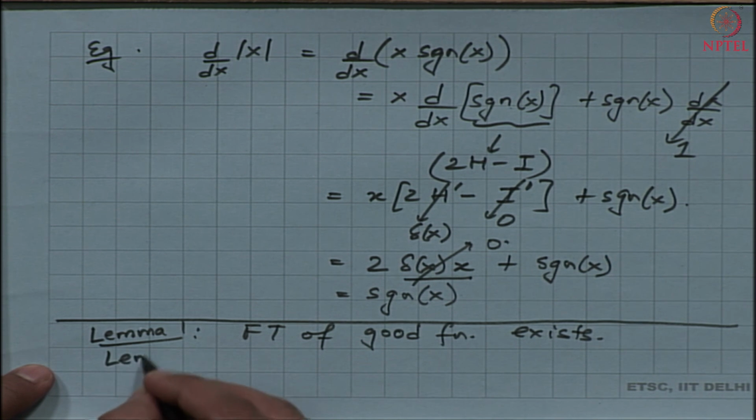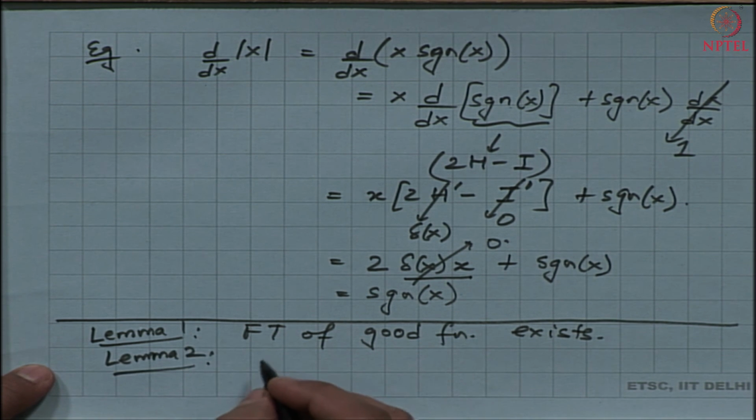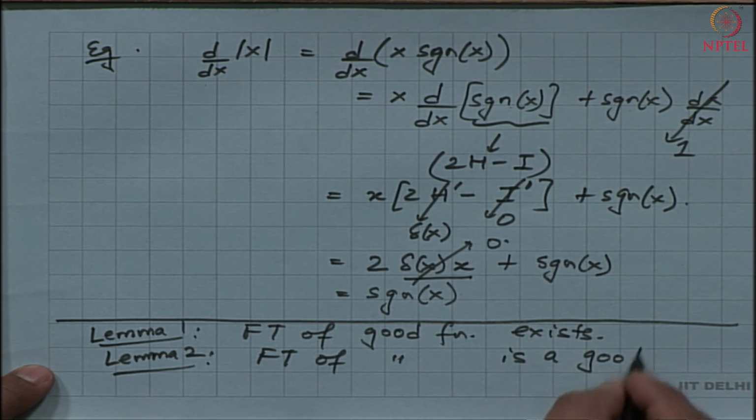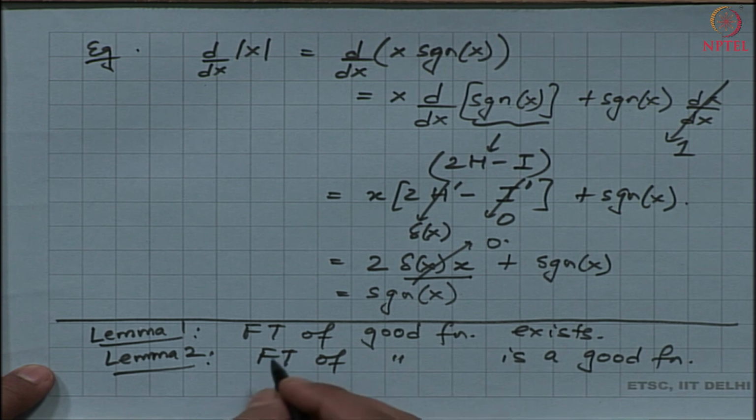Another lemma or result that is useful is that the Fourier transform of a good function is a good function, right. Why I am showing you these lemmas is to help you evaluate Fourier transforms of ordinary functions where you are not able to evaluate them. So, represent them in terms of good functions, right.